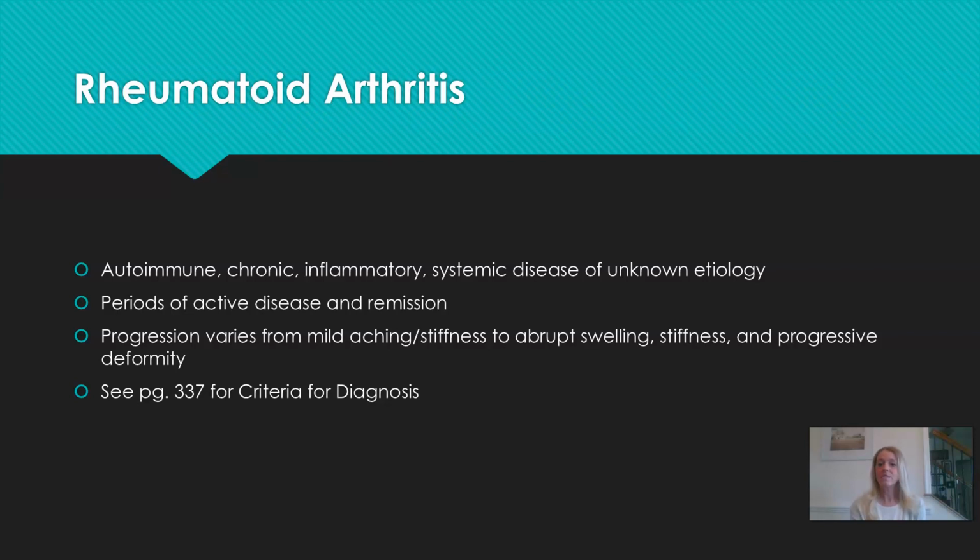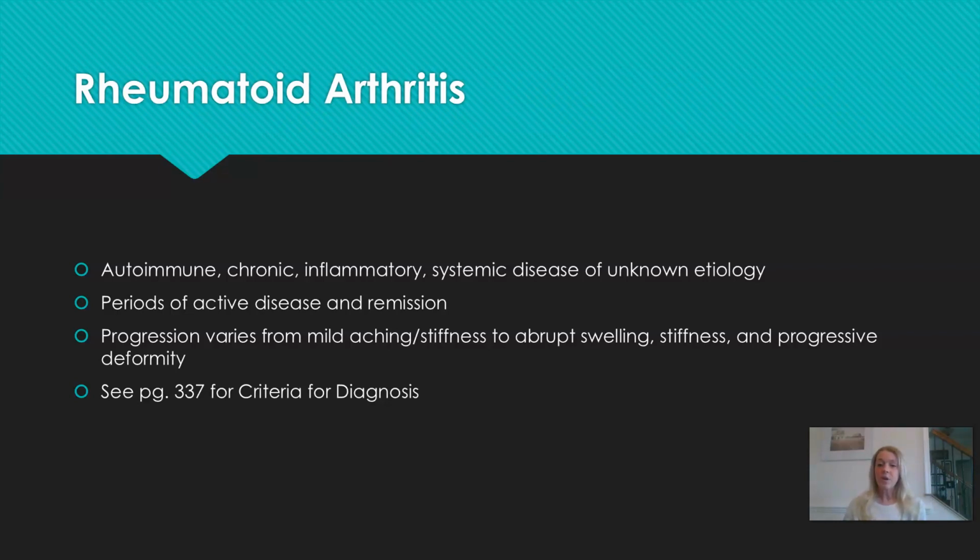They'll go through periods of sort of flare-ups and then periods of remission. Progression is also going to range: how quickly someone progresses, how many joints this progresses to, and the severity of the disease can also vary a lot from person to person. There is a chart in your book on page 337, and it goes into some of the diagnostic criteria.